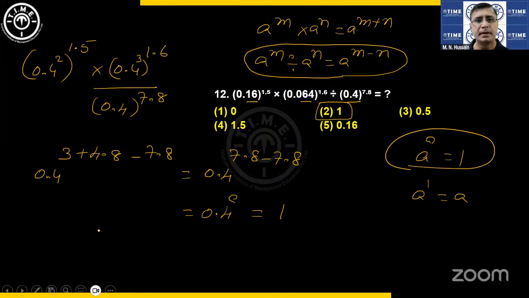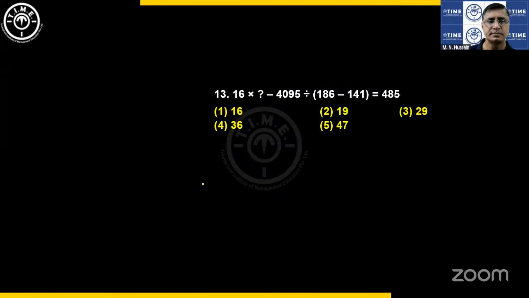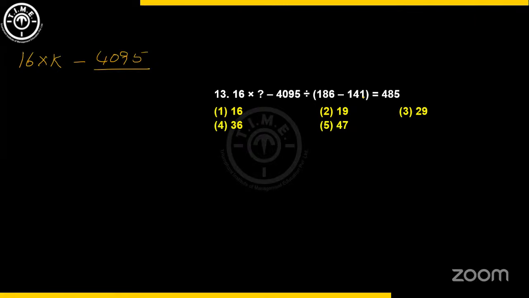Okay. Now moving to the next example, question number 13 on your screen. 16 into question mark. I'm taking question mark as a key. Minus 4095 divided by 186 minus 141.